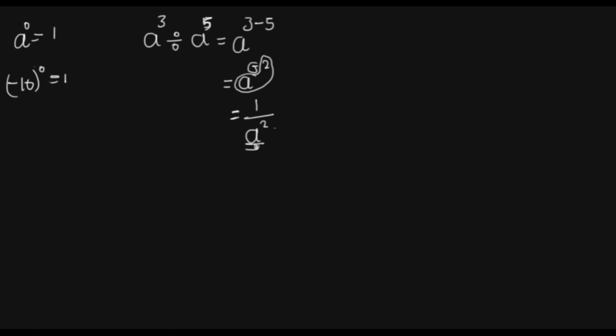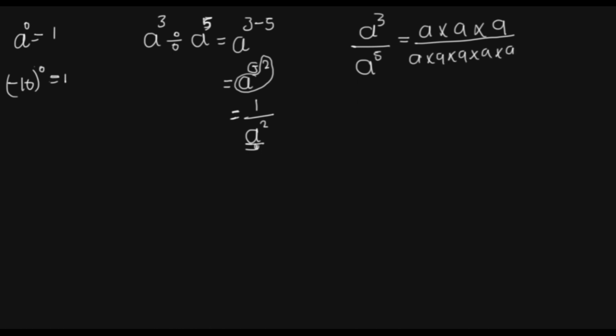Let's just view it in this way. Let's say a to the power 3 divided by a to the power 5 can be written like this. So we can see that we have a times a times a over a times a times a times a times a.